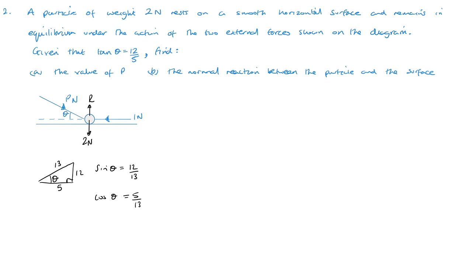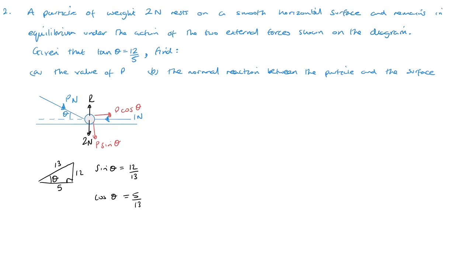Anyway, let's look to resolve P. That's the one we need to resolve. So think of it coming off the other side. It's going to be going down and it's going to be going horizontal. So this is going to be P cos theta and P sine theta.